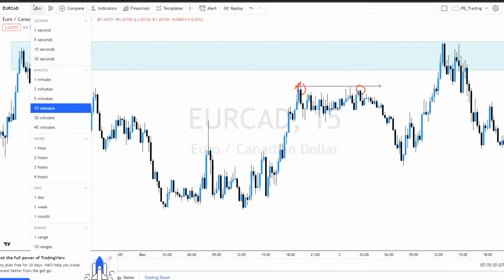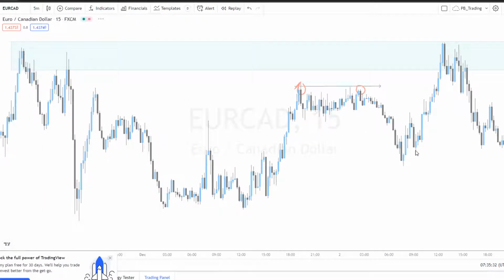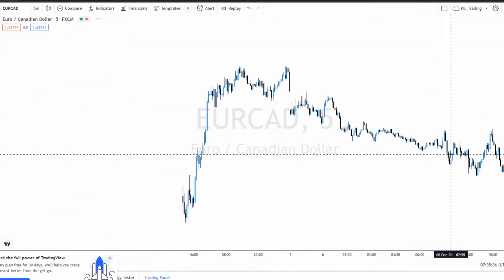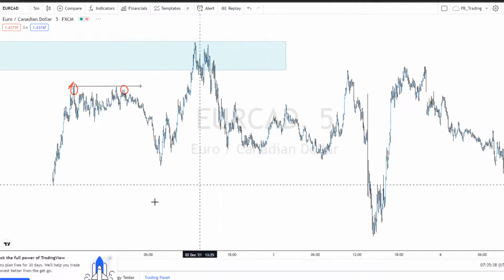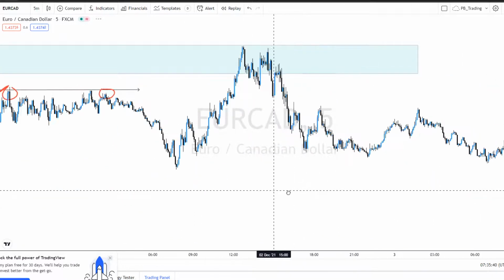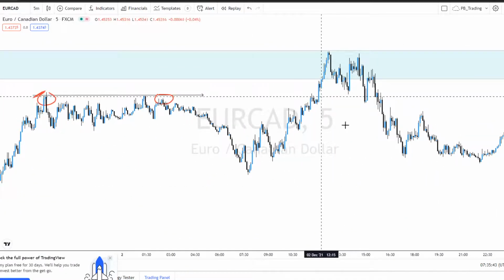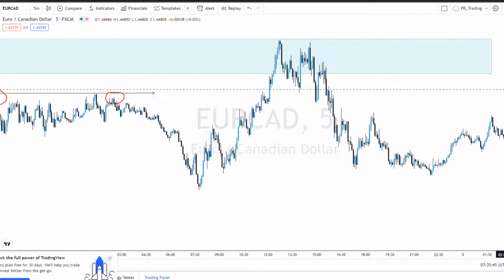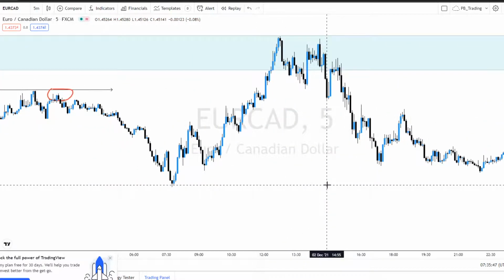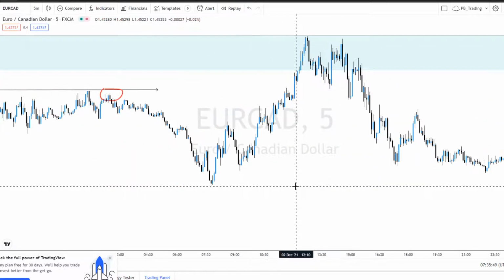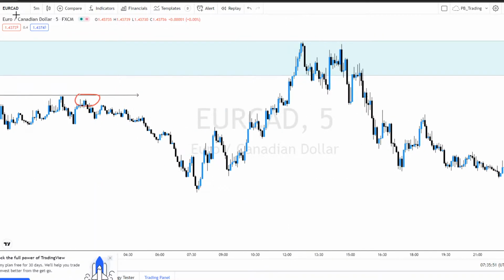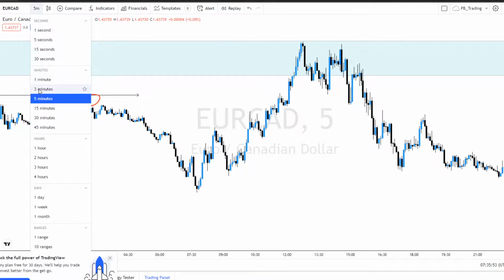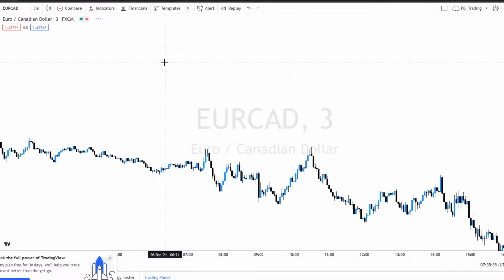So we are going to go down first to the 5 minutes time frame to see what we have. Okay, so we are in 5 minutes time frame. Now I want to go another notch to, let's say, 3 minutes time frame in the zone here.